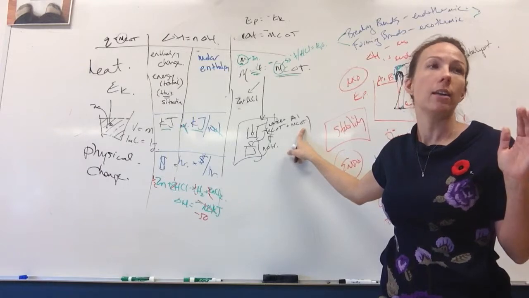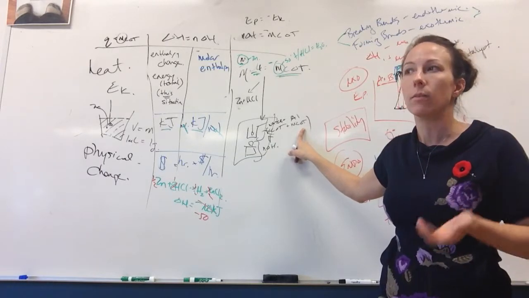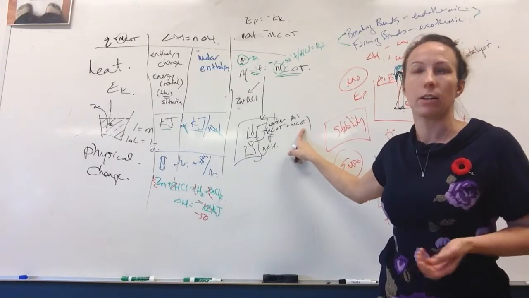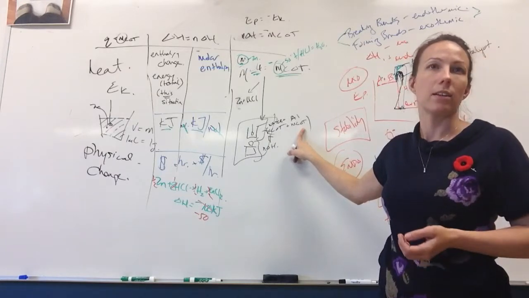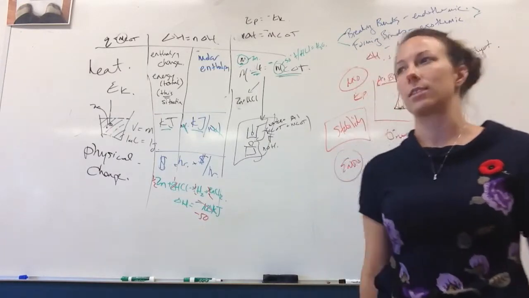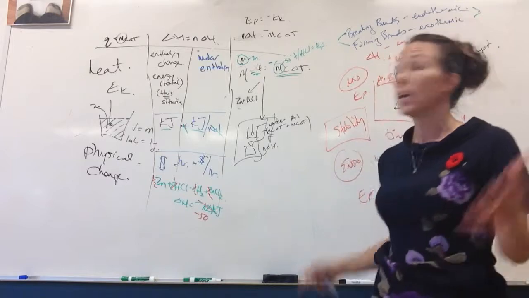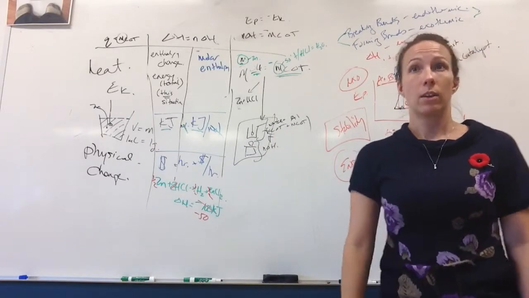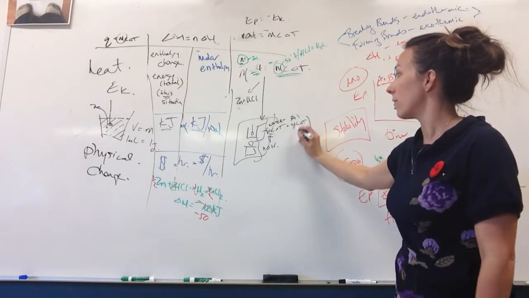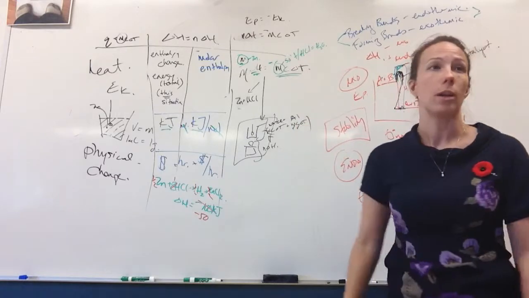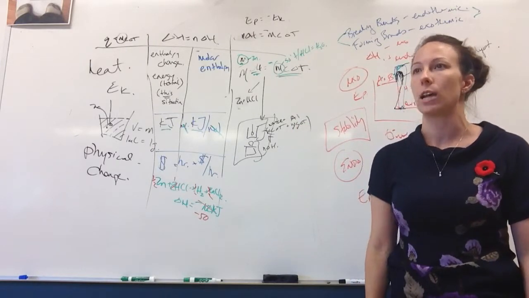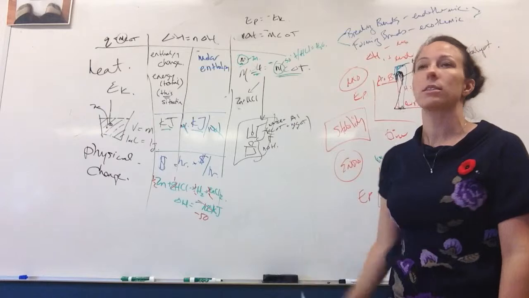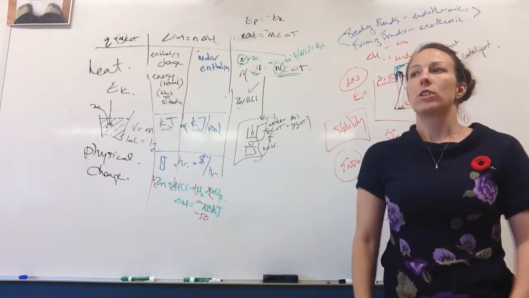I wish they said, please include the container in your calculations. Because you're testing students on their test-taking skills all of a sudden, and that's not right. But it is what it is, and we play the game. So if they give you the mass of aluminum, if they tell you it's aluminum, so you can find the specific heat capacity in your data booklet, then you can do that. If they don't give it to you, you can't do it.